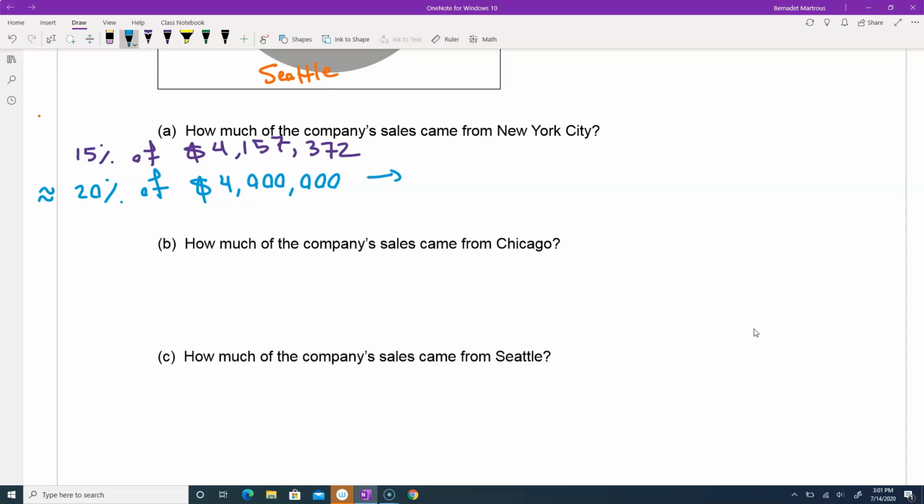So we have 20% multiplied by 4 million. That is equal to $800,000 in sales for New York City.